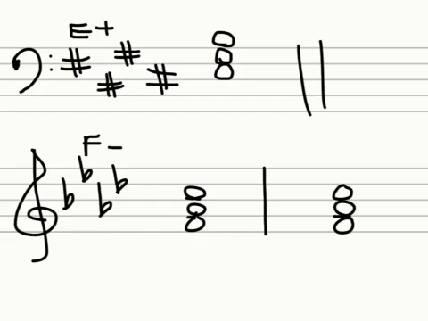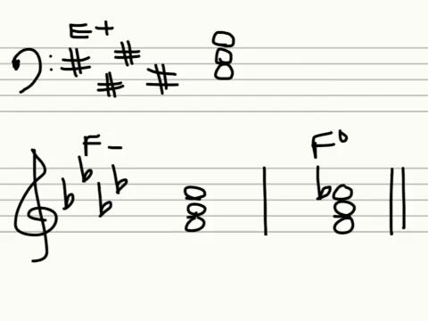So I would lower it to C flat. There you go. Now that is diminished. And same goes for major. If you wanted to create an augmented triad, the best plan of attack for that is to start with your major key signature.